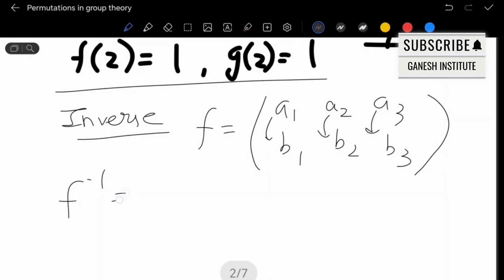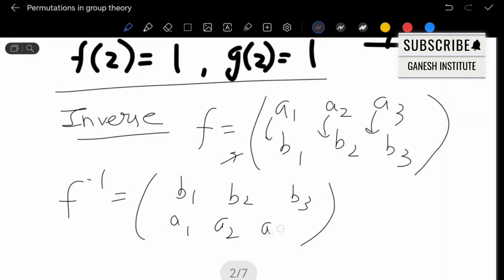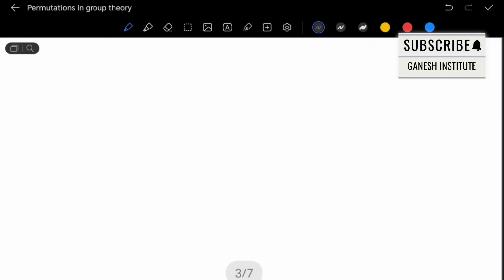Then the inverse will be just convert. I mean, place these values which are in codomain as in domain. So B1, B2, B3 here, and A1, A2, A3 here. So this is how you can find out the inverse permutation, right?